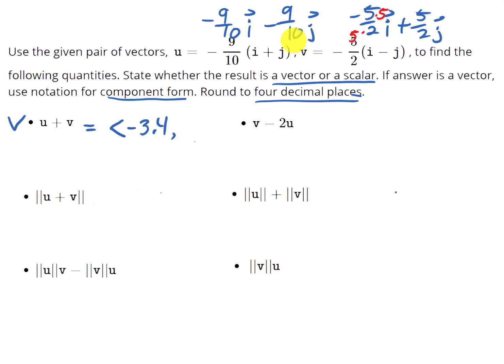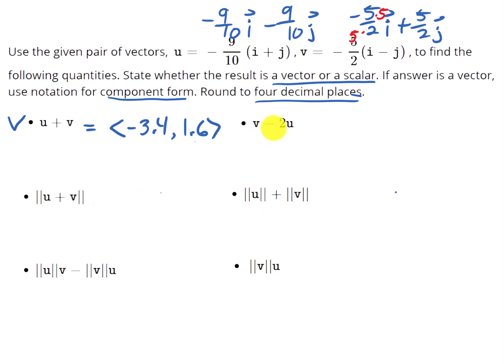Now to do the j's, we have negative 9/10 plus 5/2. So this is 25/10 minus 9/10, which would give us 16/10, which is 1.6 as a decimal.